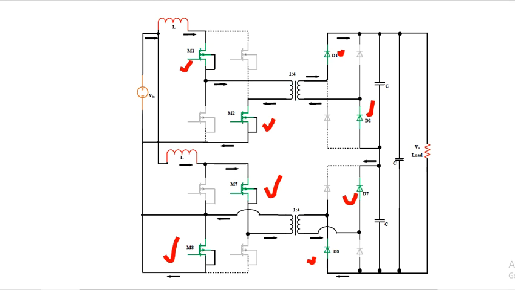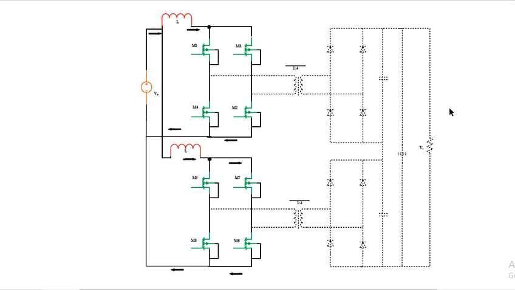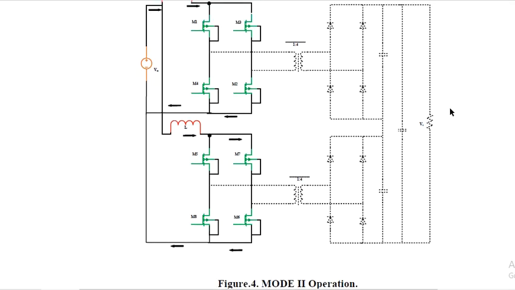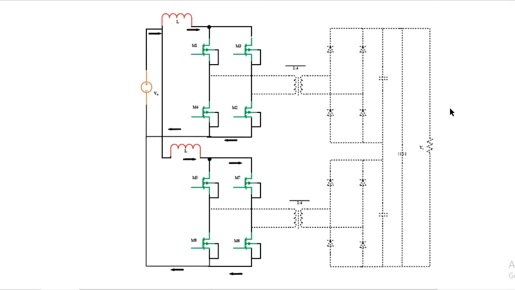This is the mode 2 diagram. You can see at the output side no diodes are on. In this mode all the MOSFETs are on but the diodes are off at the same time, which leads to the charging of the inductor, and the output voltage of the circuit is 0.